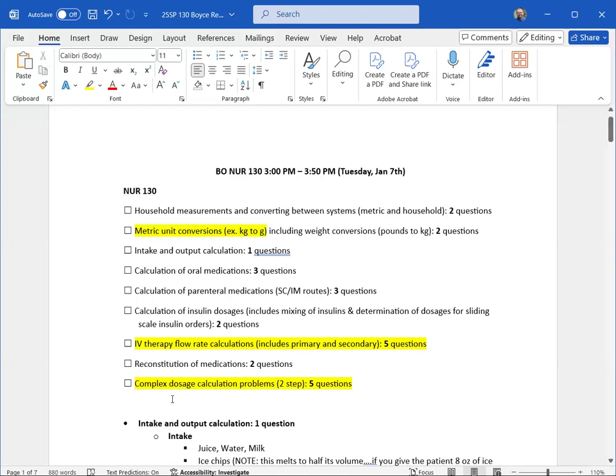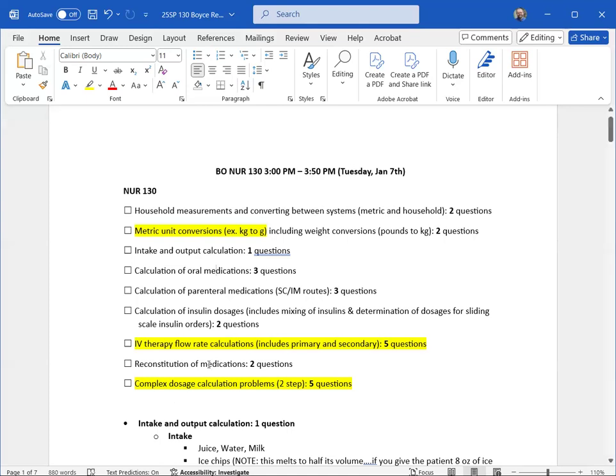And then when they say complex dosage calc, they just mean it requires more than one step to answer. So it's more than just ordered over available. You might have to convert a patient's weight in pounds to kilograms, multiply that by like a milligram per kilogram order, and then solve for how many milliliters that particular thing is.